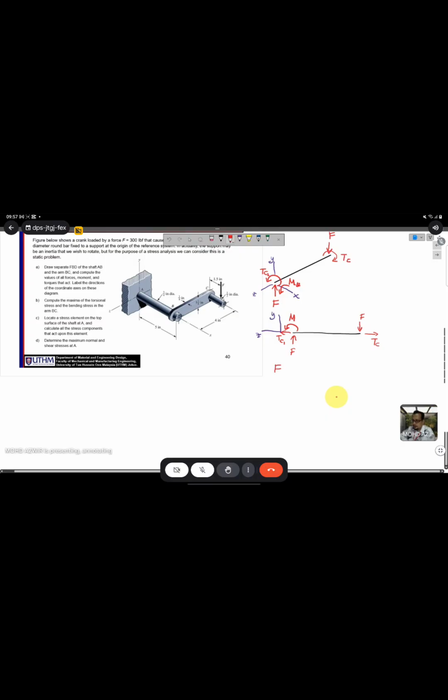So F is equal to, it's already given, 300 pounds. Then TC is F times the distance here, 1.5, which is 300 times 1.5. So you will get 450 pounds inch.